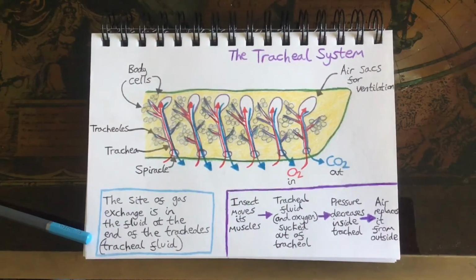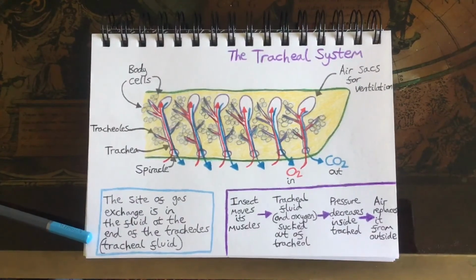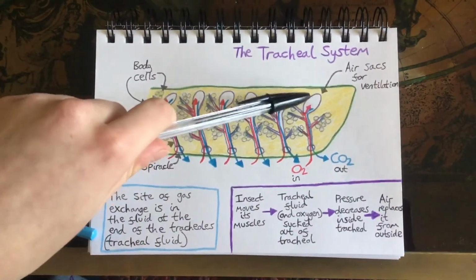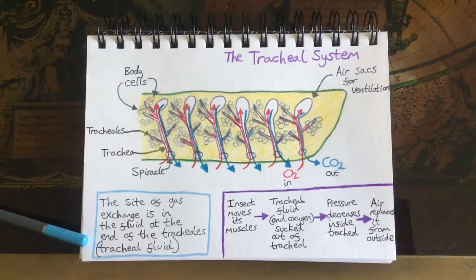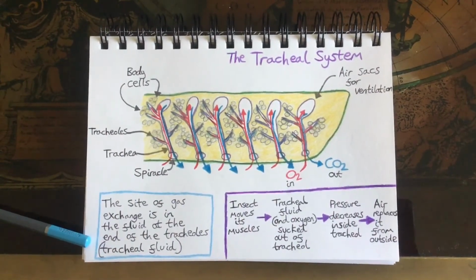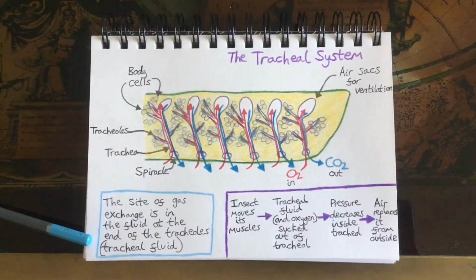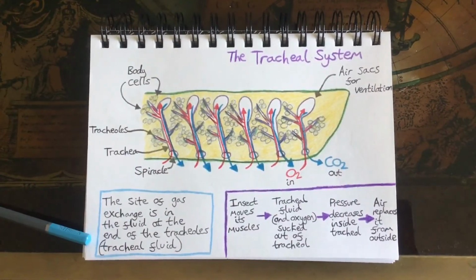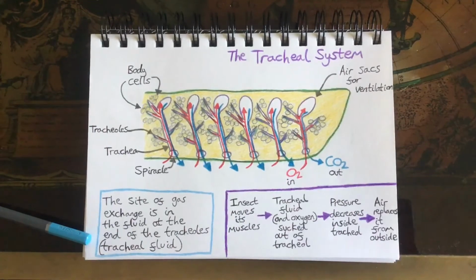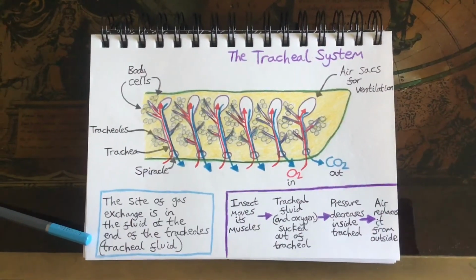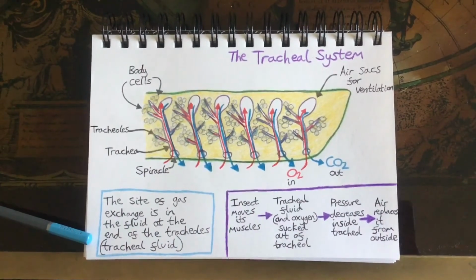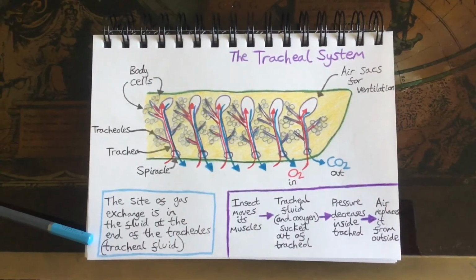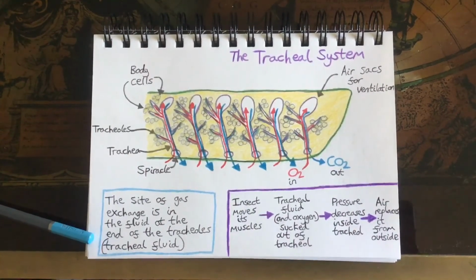So what they also have are these little air sacs, which are at the very end of the trachea here. And they're actually for ventilation, so they give the insect a method of ventilating, or breathing rather. So when the insect flies, the flight muscles contract. And what that causes is the air sacs to be squeezed, which forces air out.